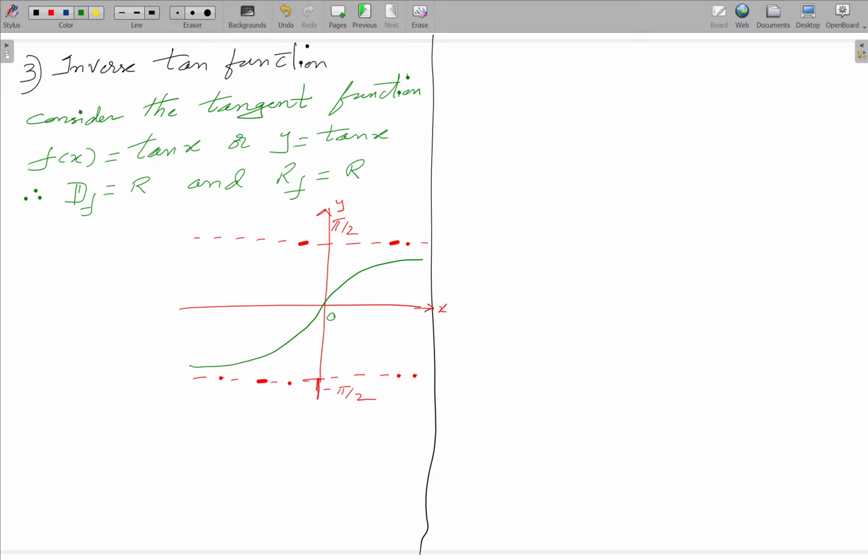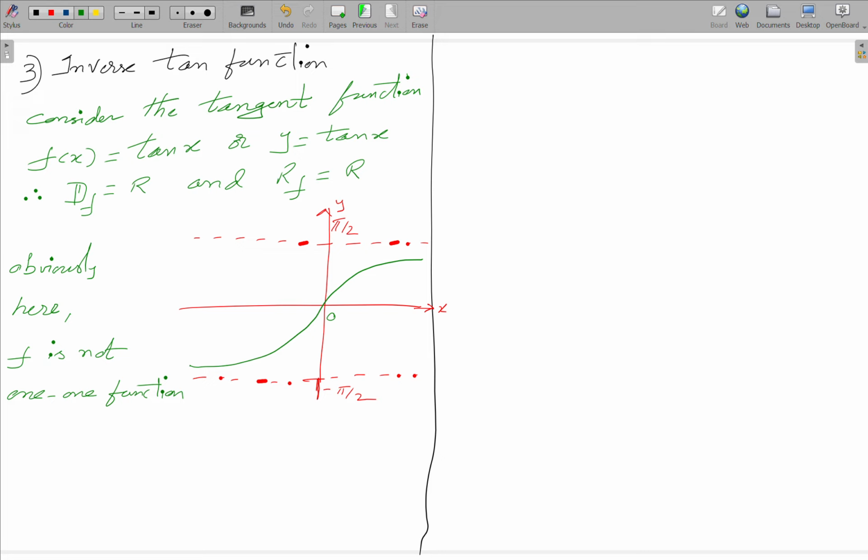Obviously here f is not a one-to-one function.